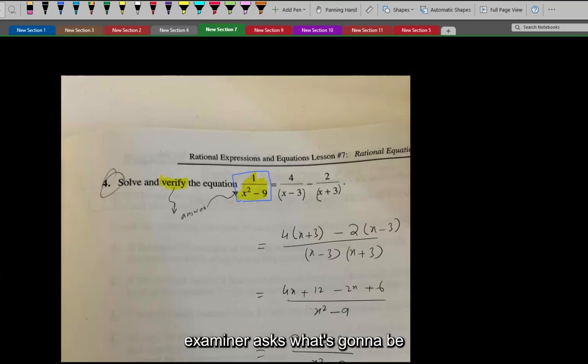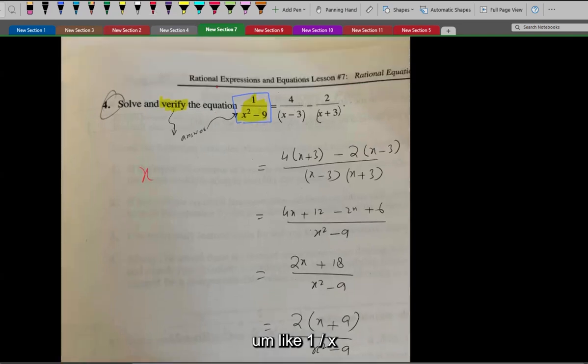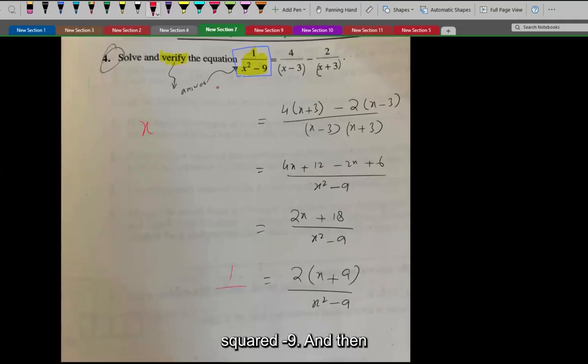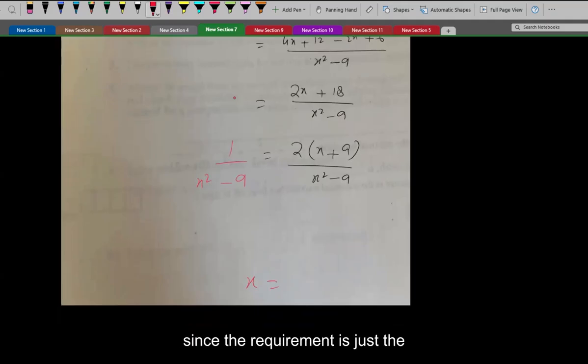But just in case the examiner asks what the value of x is for which this equation holds, then we could have used the left hand side of the equation and proceeded further, like 1 over x squared minus 9, and then cross multiplied, and at the end of the day we could have come up with some values of x.